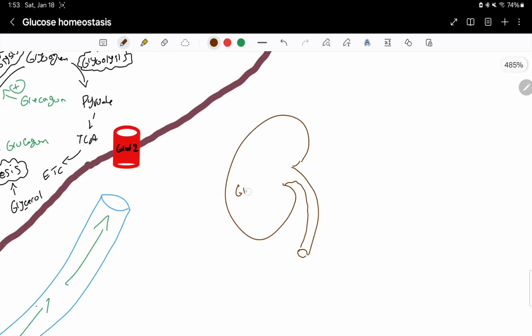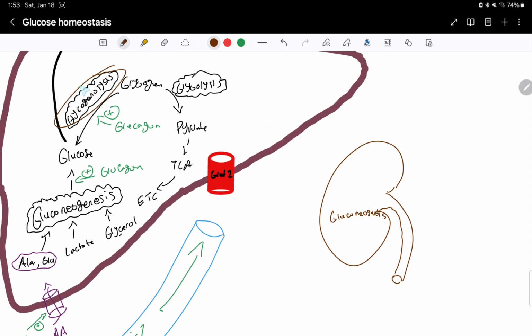It is the only other organ that can go through the process of gluconeogenesis. However, the kidney cannot do glycogenolysis. It can only do gluconeogenesis. And what it does is, it's also going to produce glucose and put it into the bloodstream. Okay? And that's also going to be stimulated by glucagon.